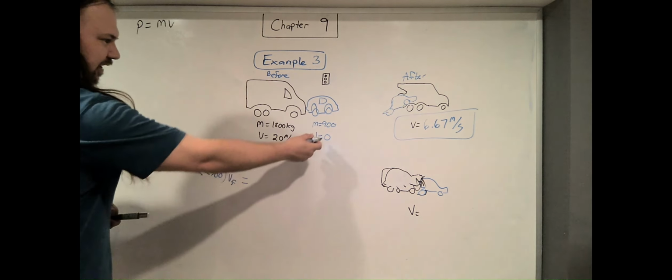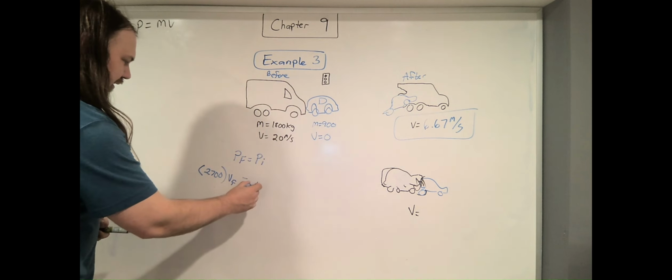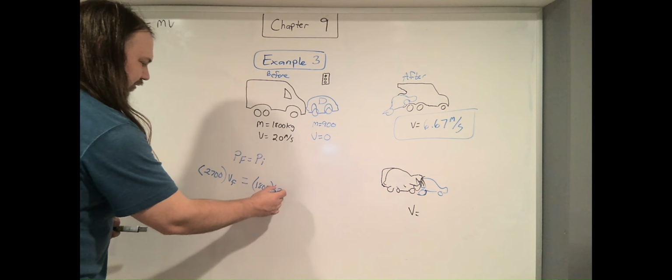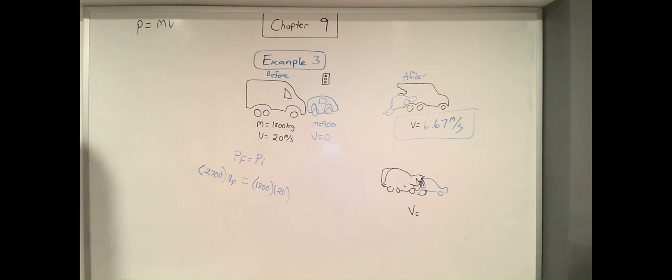This time, the 900 is 0, and all we keep is the 1,800, which is traveling at 20 meters per second. So that's mv of the initial. And now we plug in, and we see if we get the same thing. Okay, so we get 36,000. We do that divided by 2,700, and we get 13.3.